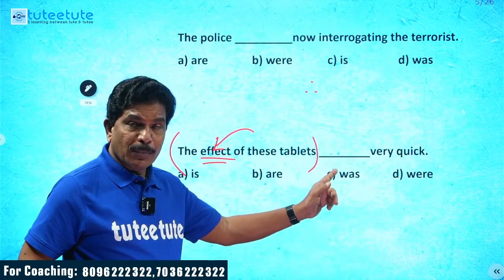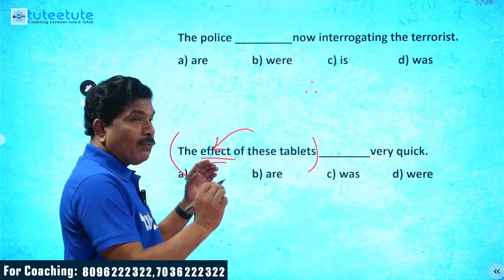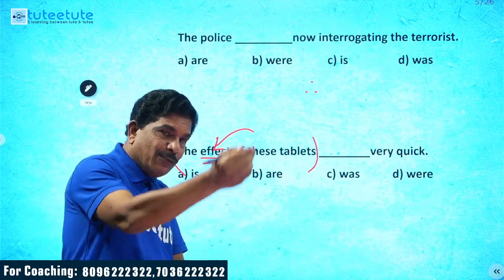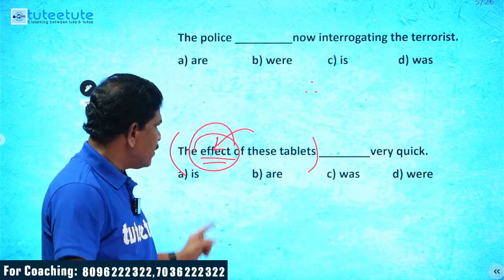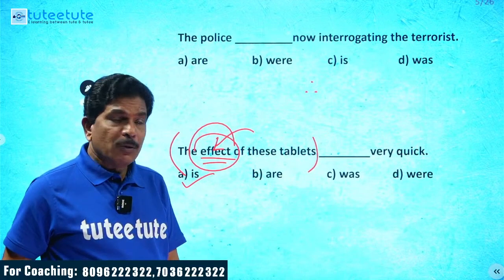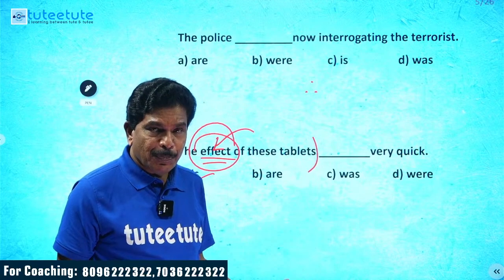Though there is more than one tablet, we don't focus on the number of tablets. Instead, the effect of the tablet. Effect is singular. Therefore, as you can guess, the effect of these tablets is very quick. You may be wondering, why not was? Was is also singular.